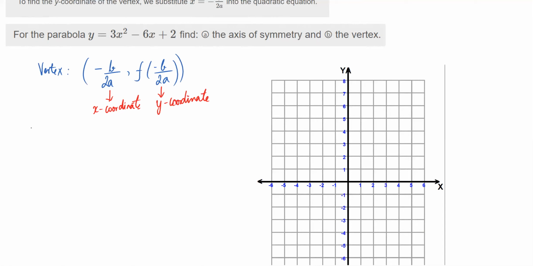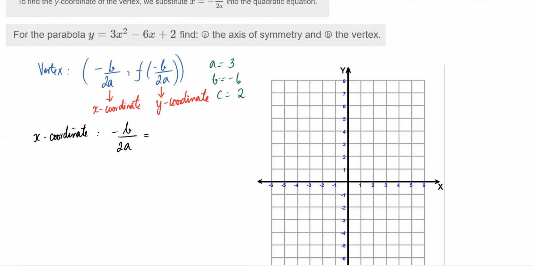Okay, so negative b over 2a. So let's figure out what is a, b, and c from here. Let me quickly write it by the side here. A is 3, b is negative 6, and c is 2. Well, we don't need c in this formula, so it's basically between a and b.